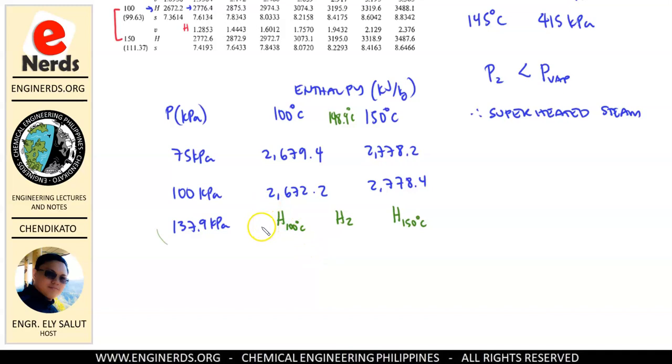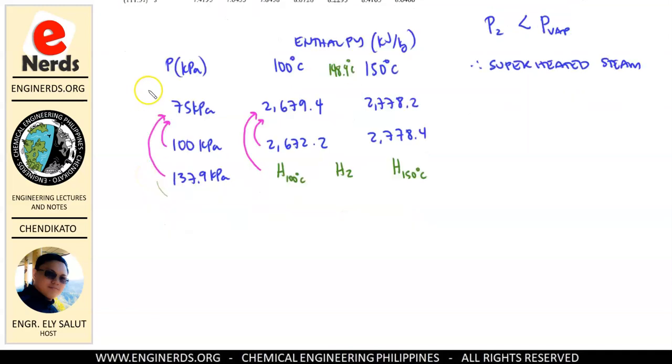First, I'm going to subtract itong ating enthalpy dito sa unang given natin, yung enthalpy in 75 kilopascal, and then I'm going to divide that to the difference of the enthalpy in 100 kilopascal and the enthalpy in 100 degrees Celsius. So we're going to do the same here. We will subtract that here divided by the difference of that here, no? So gawin na natin yan.